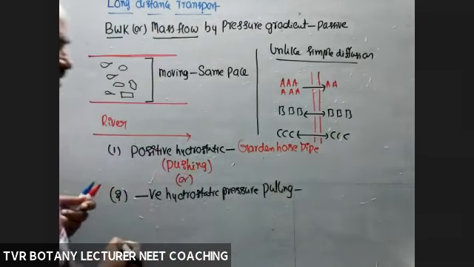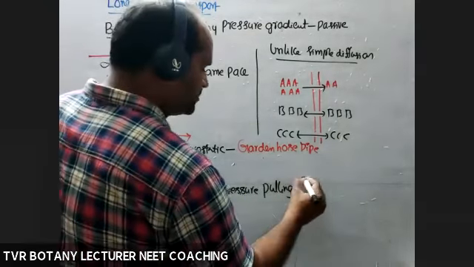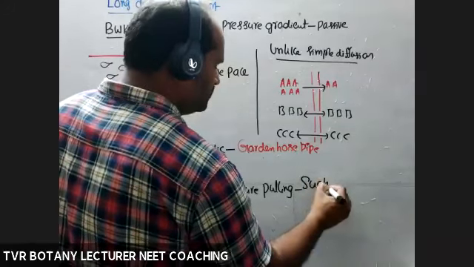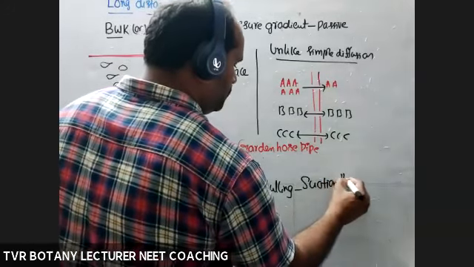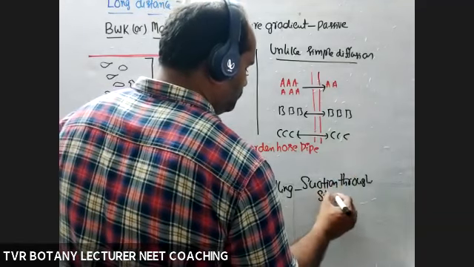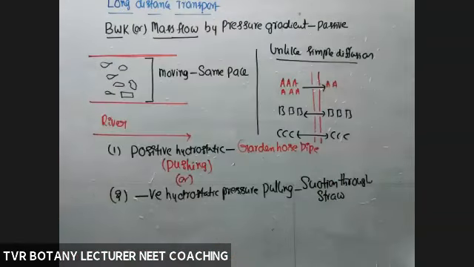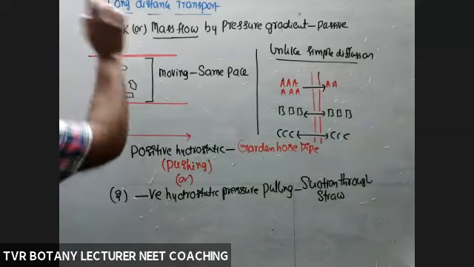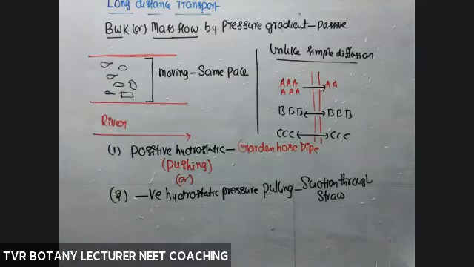For example, suction through a straw. For example, with the help of a straw, we are taking Thums Up or some cool drink, or not. So that is a pulling. Push is positive, pulling is negative. Out of these two, which one is responsible for long distance transport?